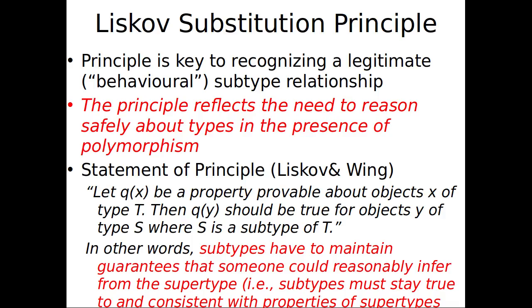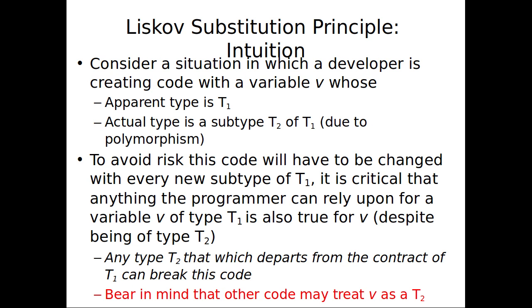That will be a problem. So the subtypes here have to maintain guarantees that someone could reasonably infer from the supertype. If all they know is it's B and they can conclude this thing never changes, then sorry, anything you create as a subtype of that should adhere to that, or else they could be really surprised.